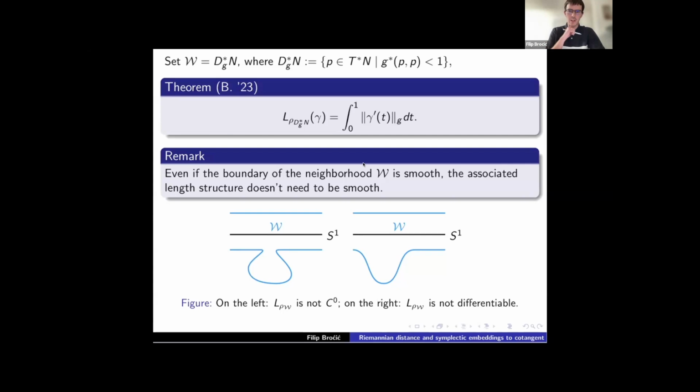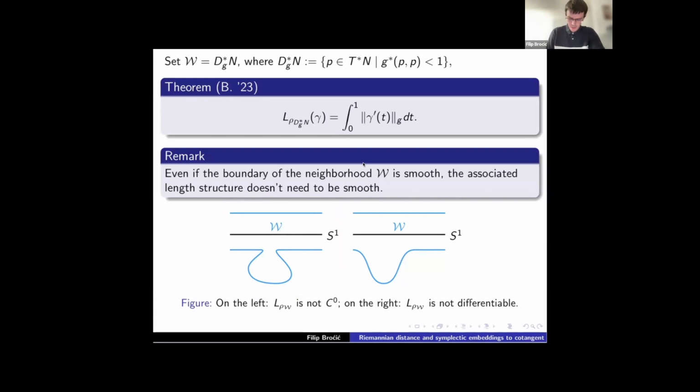But in these two particular examples, on the left, we can see an example of a domain where the length structure is not continuous with respect to the C1 topology. And this we can see if we take a path of paths going like this, and the point of discontinuity is actually lying over this point here.